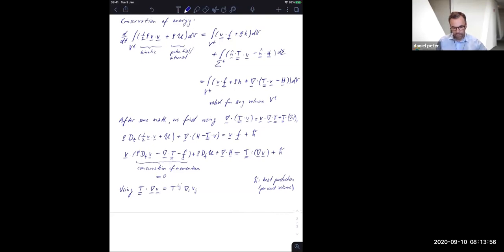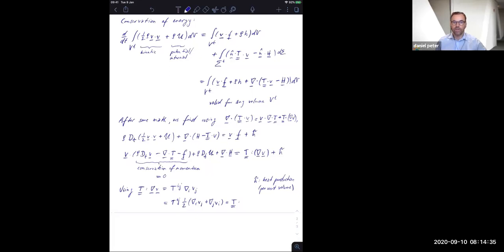But we can write this basically also in a form where we have 1/2 of grad_i V_j plus grad_j V_i, which looks pretty much like the stress tensor double dotted with the strain tensor. But the strain tensor is defined in terms of displacement and not velocity.